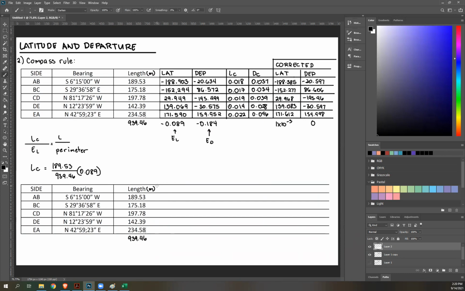Bearing. And then again, this is corrected.